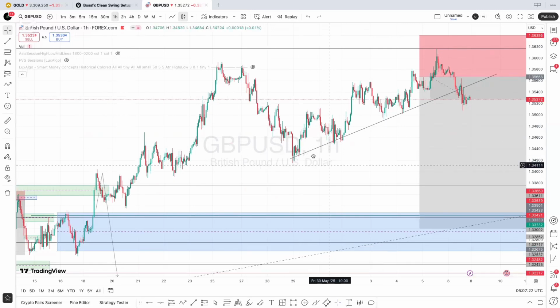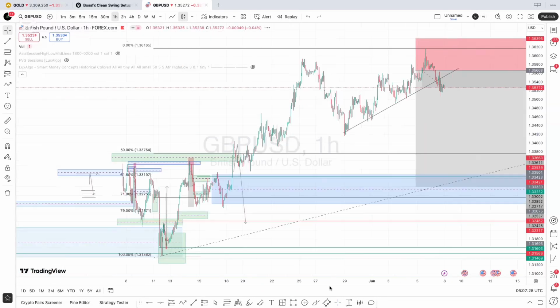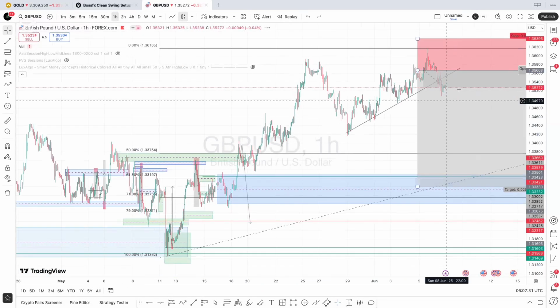This is a very good catch. We're talking about how many pips this could be.